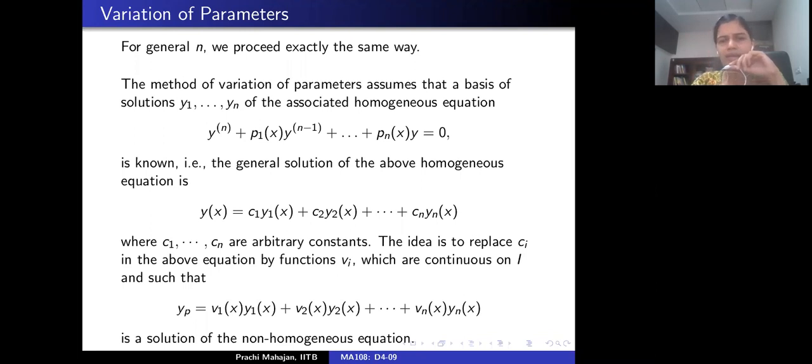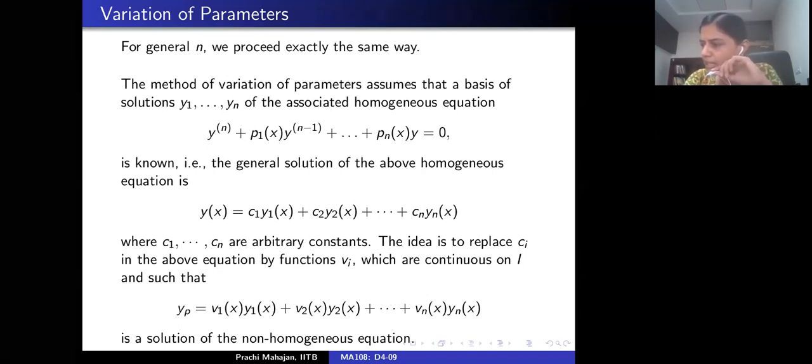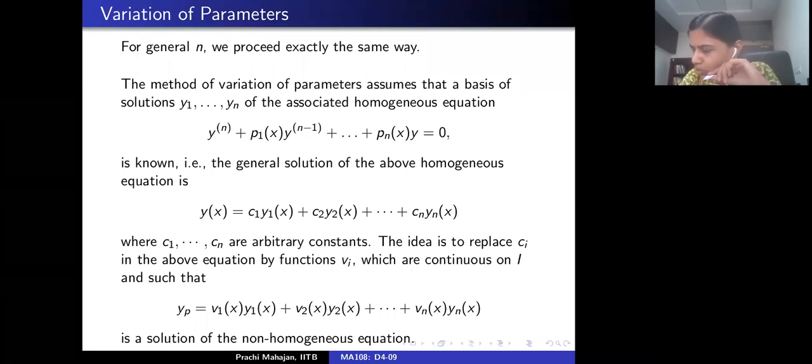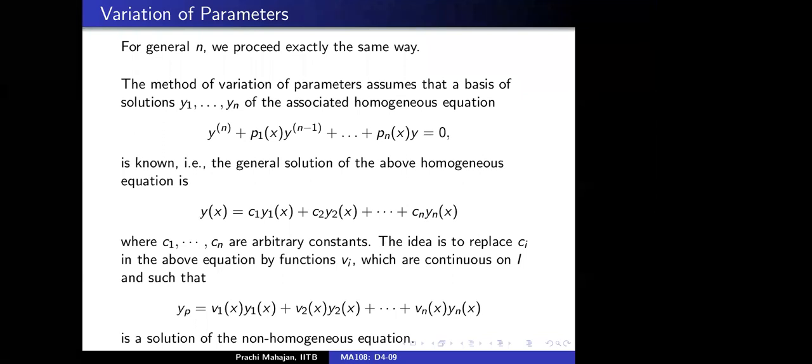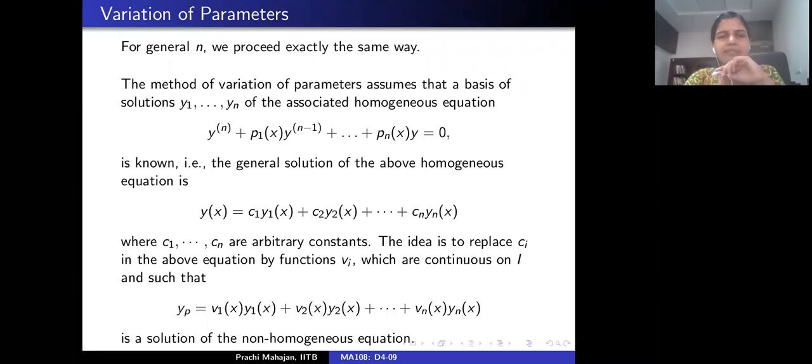So we have so far only one condition. We have n unknown functions v1, v2, vn. So we need to impose n independent conditions, right? So we are going to impose these conditions in a manner that the formulae become easy to compute, right? Okay. So how are we going to assume these conditions? We already have one. What is the first condition? That yp as written on this slide here, v1 y1 plus v2 y2 plus vn yn, is a solution of the non-homogeneous equation. Okay. All right.